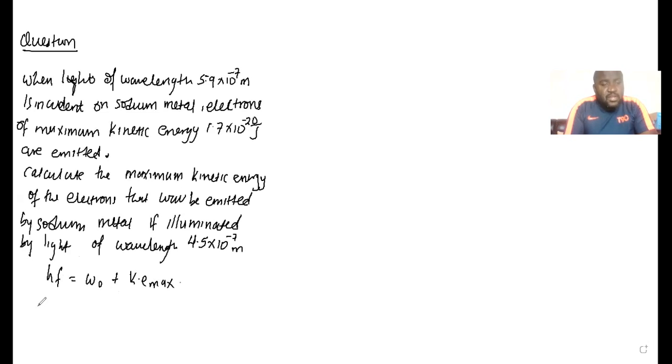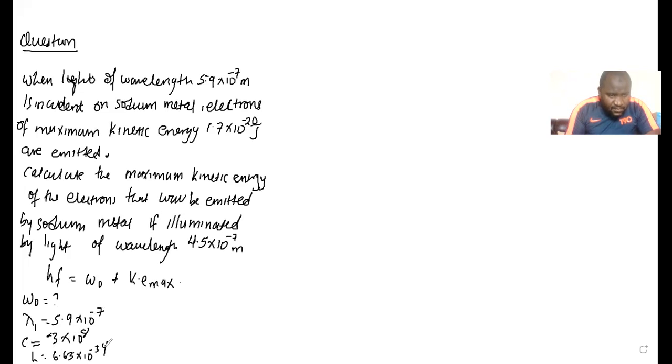In this case, we don't know the work function. They have given us wavelength, lambda 1, which is 5.9 times 10 power negative 7. We have c, the speed of light, which is 3 times 10 power 8. Then we also have h, Planck's constant, which is 6.63 times 10 power negative 34.